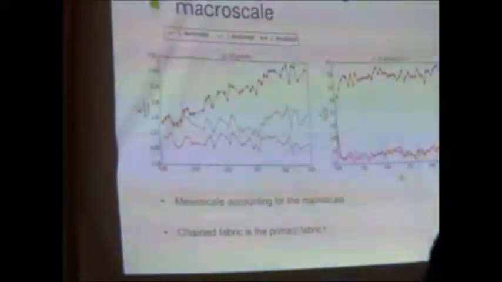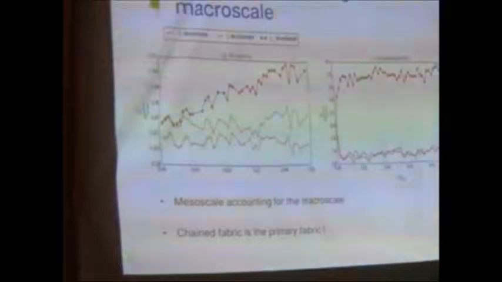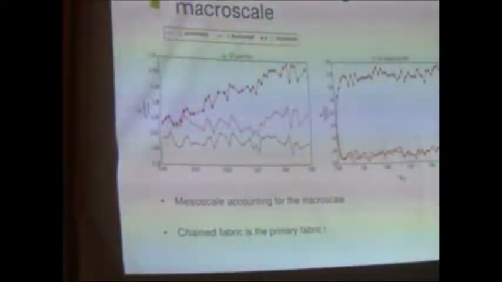As a result, we can say that the chain particles are the primary fabric of your granular material and the microstructure you should consider to have information about the mechanical response of the overall sample.